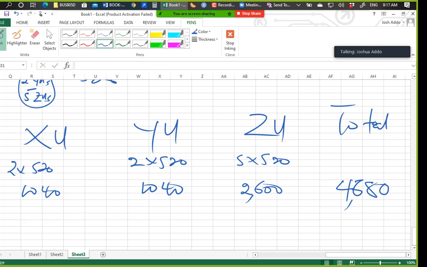And then we have 1,040 units of zoos, 1,040 units of U, and 2,600 units of zoo. All combined, if you mix all of the individual products between the three products, it is 4,680 units of zoo, U, and zoo.